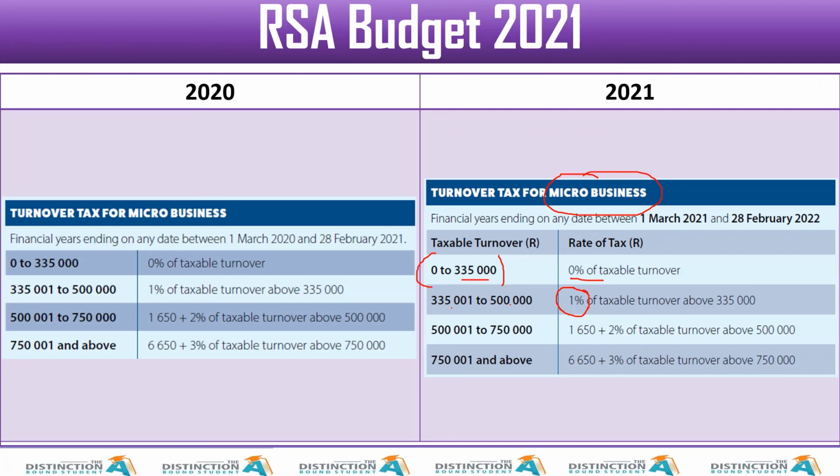So you might want to start a micro business and take advantage of these tax rates, because the most they can pay is 3% plus 6,600. That's the most they can pay for any income above 750,000.